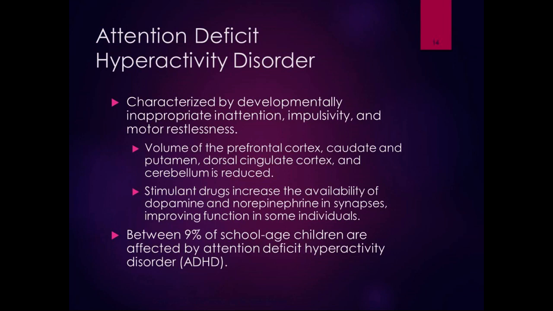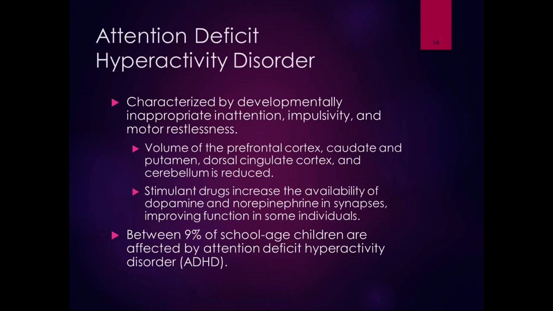So stimulant drugs increase the availability of dopamine and norepinephrine in synapses and improve function in some individuals. It's interesting that the prefrontal cortex is an area where motor decisions are made, and other decisions.